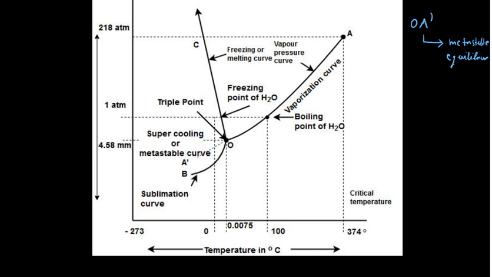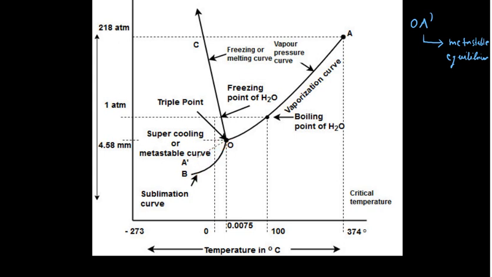It is not fully stable. So, what is the meaning of that? See carefully. At this triple point we are having 3 phases: liquid, solid and vapor. Now, if you see this curve line OB, which was the sublimation curve, over there you have OA dash.